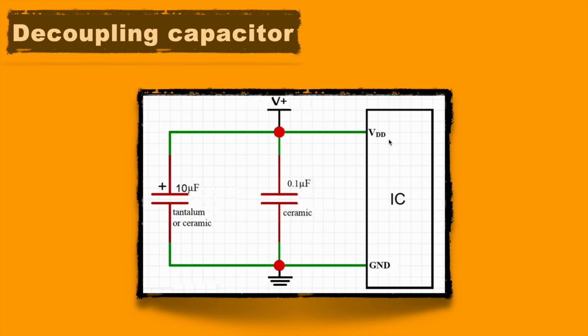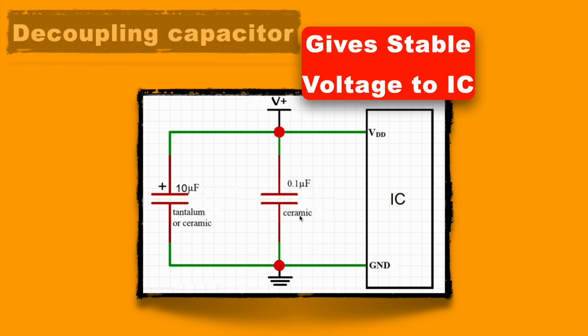On a PCB there is a lot of noise, so it has to be filtered first. To do that, decoupling capacitors are used, and these capacitors are placed very close to the IC. These decoupling capacitors give a stable voltage to the IC.